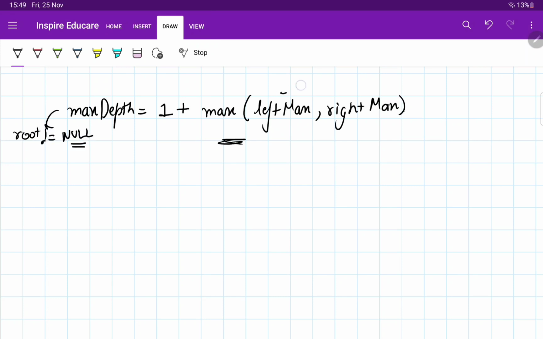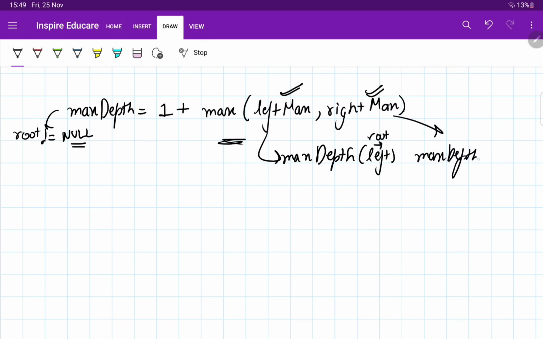And then we call the same function, maximum depth, on root of left and maximum depth of root of right. So this will return the maximum depth of the whole tree.